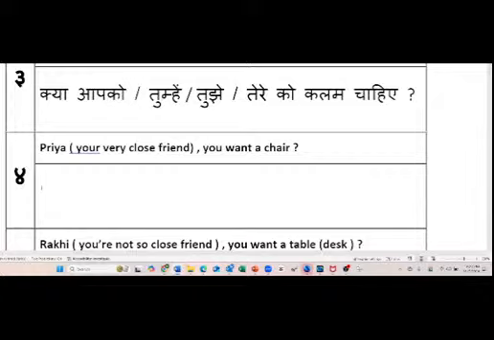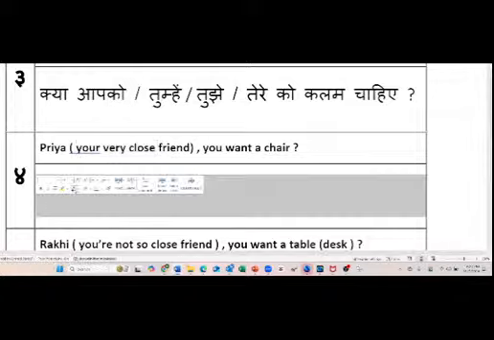I would do the J because it says very close friend. Very close friend is always tujhe. If it's a classmate, sort of a friend, then you can say tumhe. Got it? But if it is a very close friend, it has to be tujhe. There is just no choice about it.